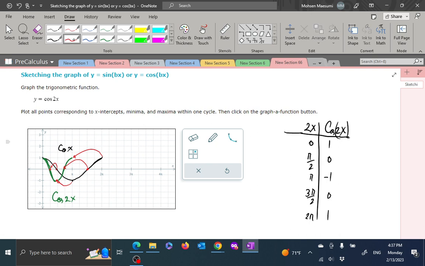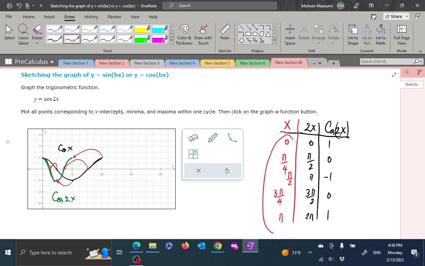But we are not drawing that cosine versus 2x. We are drawing it versus x. So let's go figure out what x is. Well, here's easy. This x is just half of 2x. So 0, pi over 4, this pi over 2. This is going to be 3 pi over 4. And this half of 2 pi is just pi.